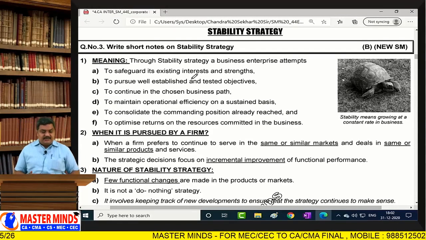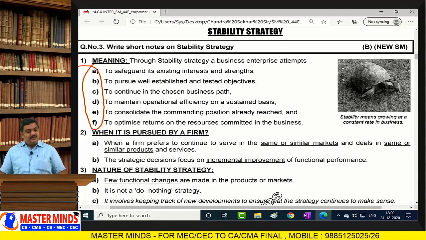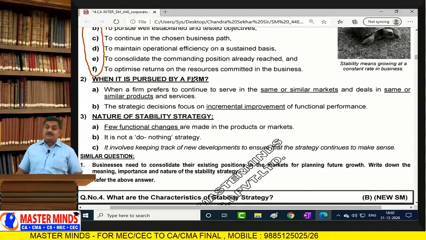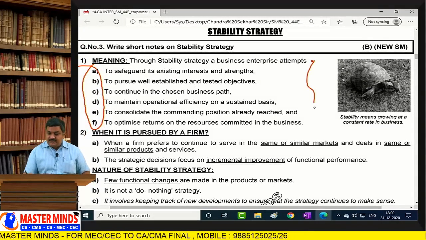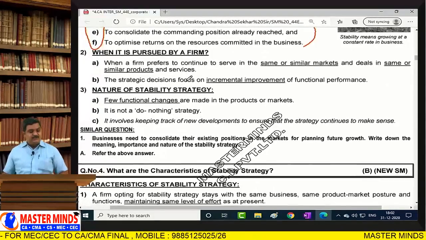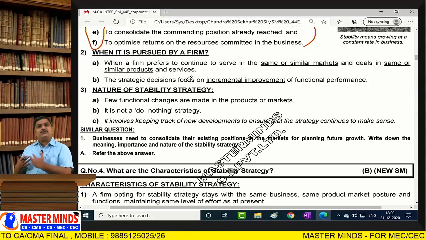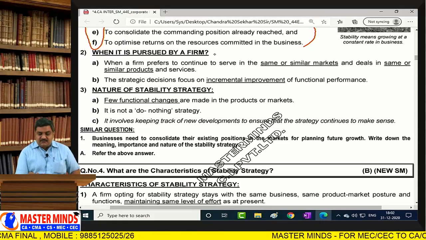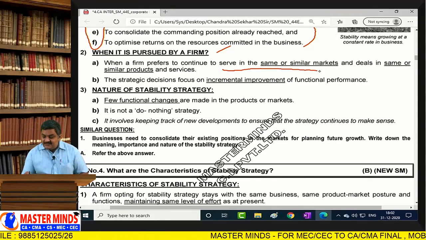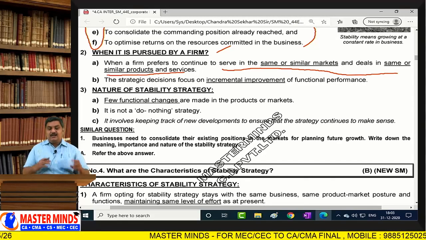Already you know what a stability strategy is, and I think all these points are covered in the second question. What is stability strategy, and when is it pursued? I need not explain these six points because I have already explained. When a stability strategy is pursued, that means when you follow it, when a firm prefers to continue to serve the same or similar markets and deals in the same or similar products and services.